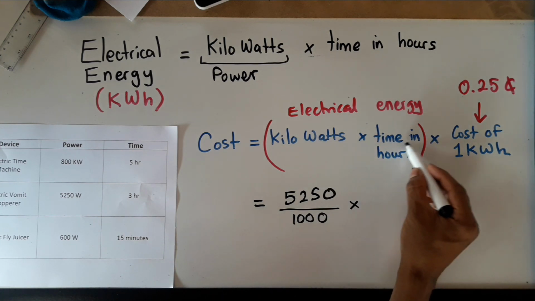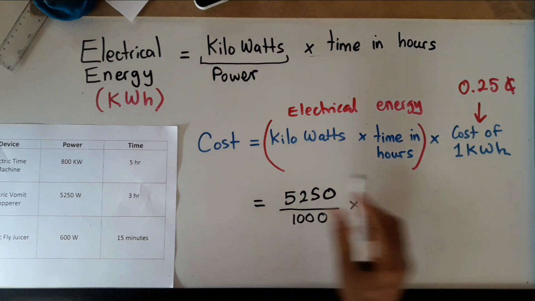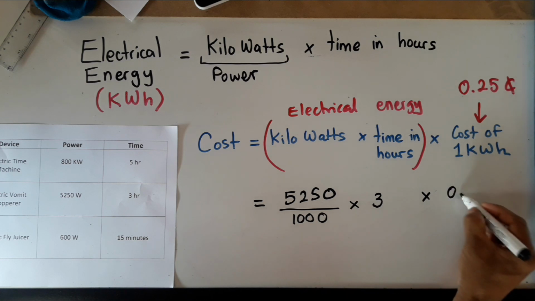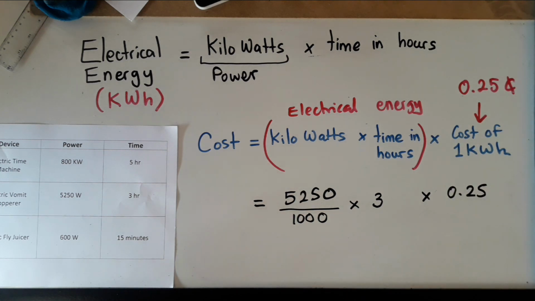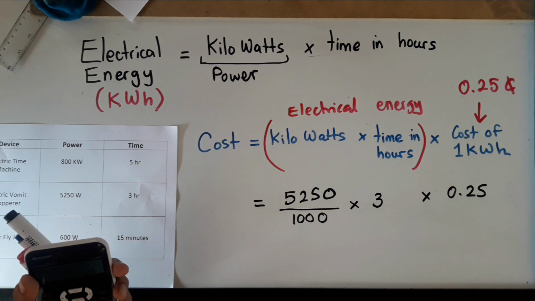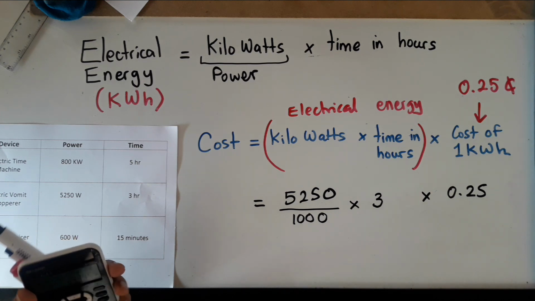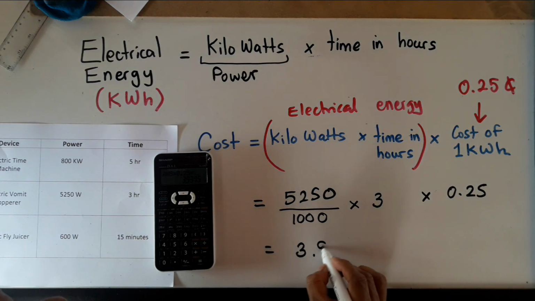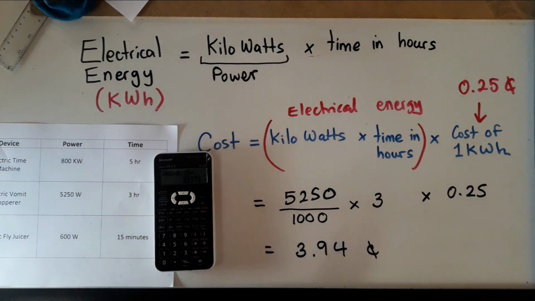Now we have to multiply by the time in hours. Lucky for us, it is given in hours, and the cost of each kilowatt hour is 25 cents. So we just need to work this out. 5250 divided by 1,000 multiplied by 3 multiplied by 0.25, and it's a very small bill. It's just $3.94.